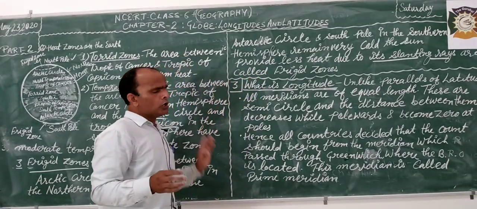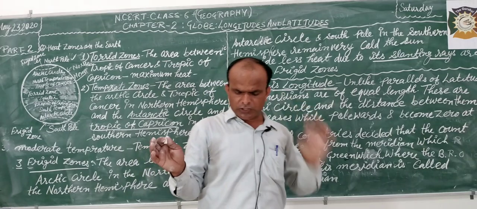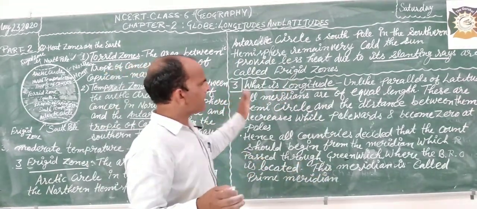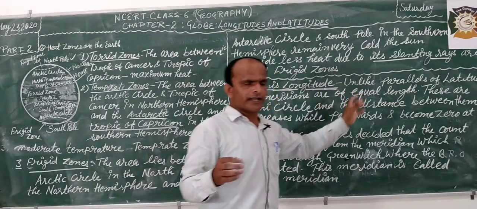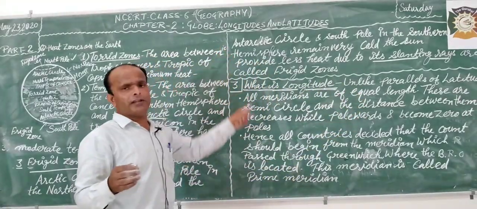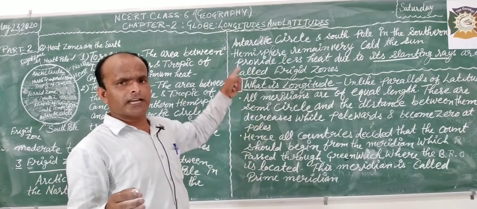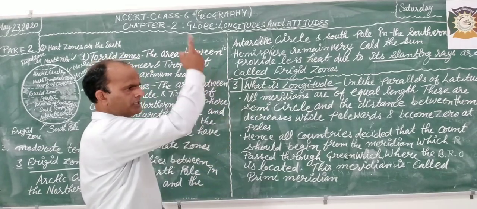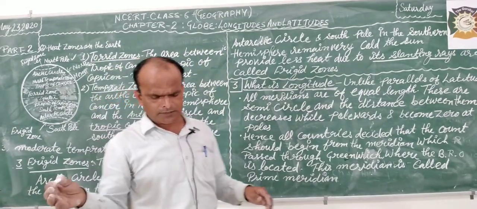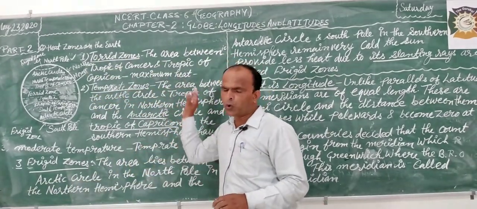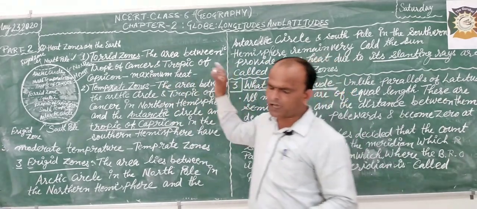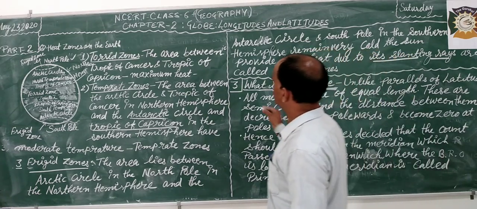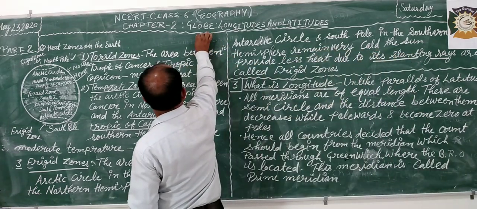So what are longitudes? Longitudes are also reference lines that are vertical, जो खड़े हुए होती है यानी सीधी, running from the north pole to the south pole, like this.